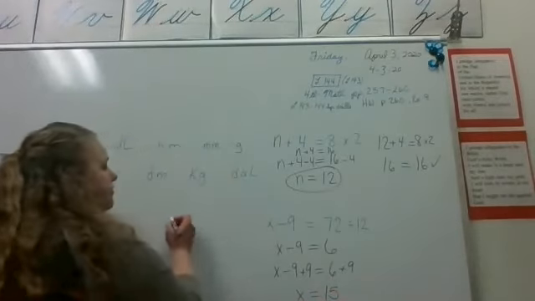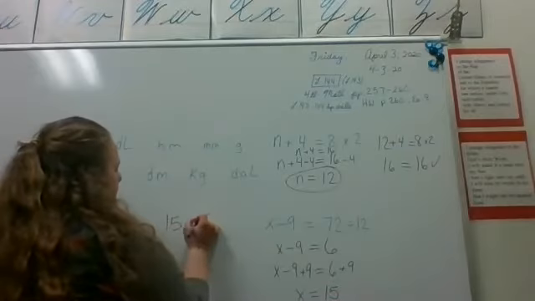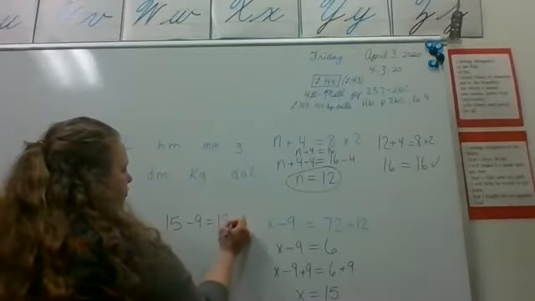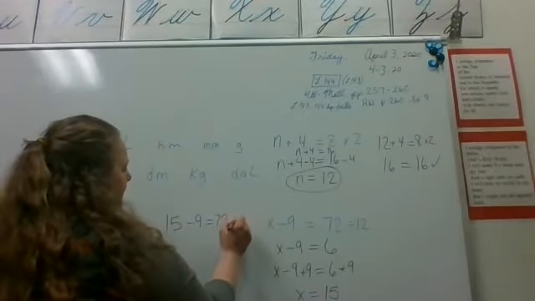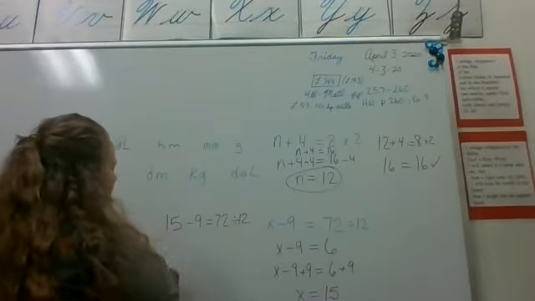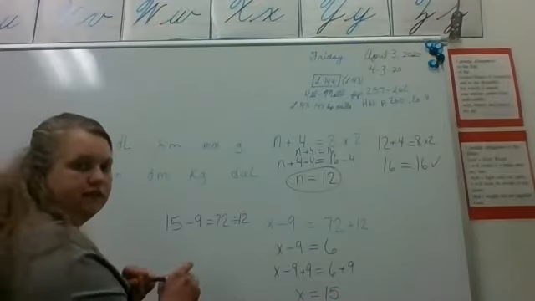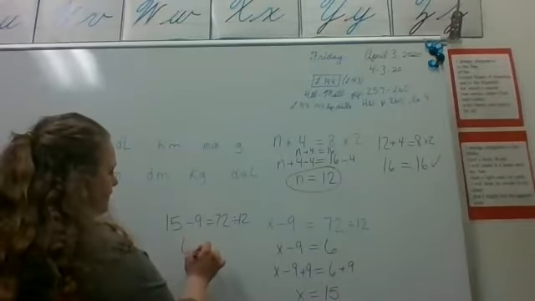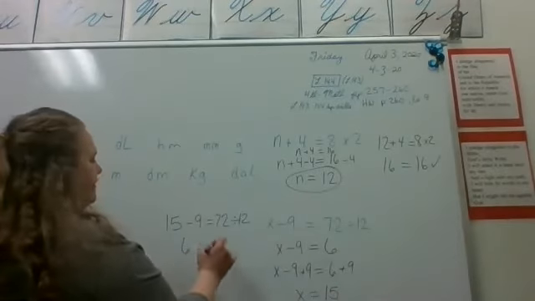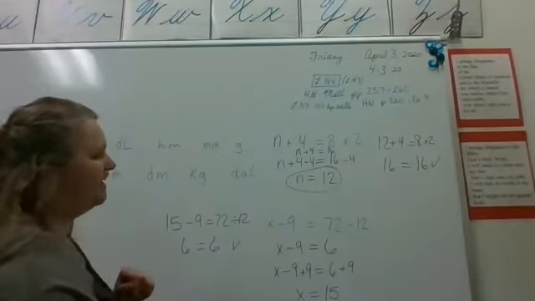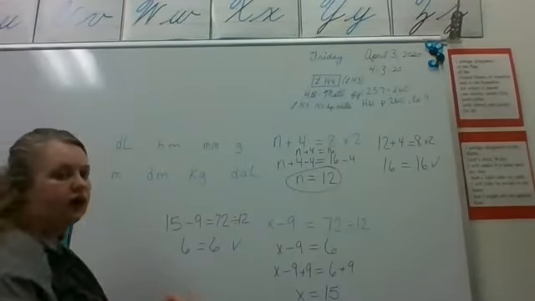So now what we're gonna do is we're gonna have 15 minus 9 equals 72 divided by 12, okay? 15 minus 9 is 6. 72 divided by 12, remember, we had it over there. It's also 6, okay? Help yourself out if you've already done the problem.